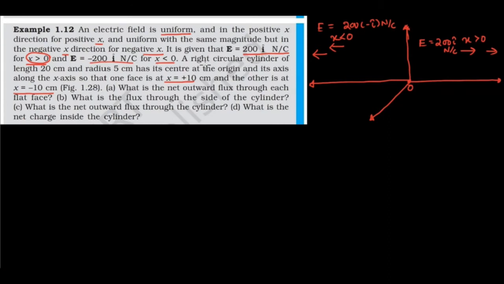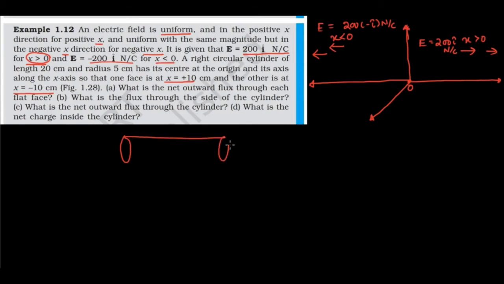And there exists a right circular cylinder of length 20 centimeter and radius 5 centimeter. It has its center at the origin and the axis along the x-axis. So the center of the cylinder lies at the origin and the axis of the cylinder is along the x-axis. So this is the diagram of a right circular cylinder.